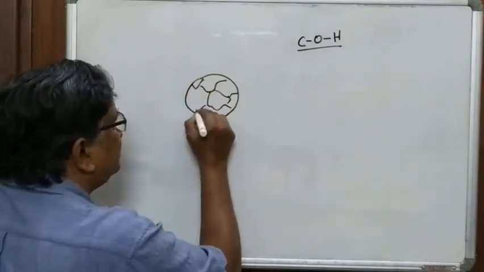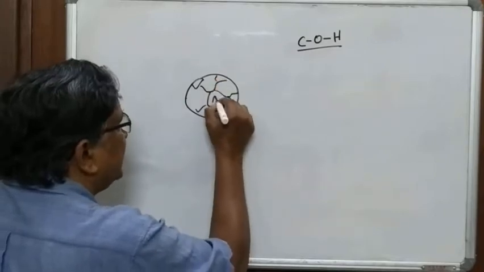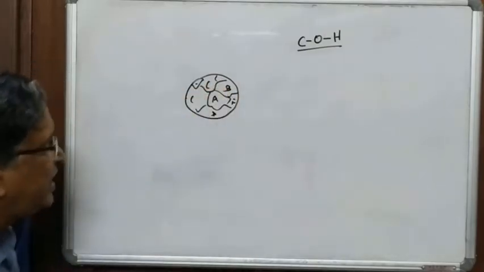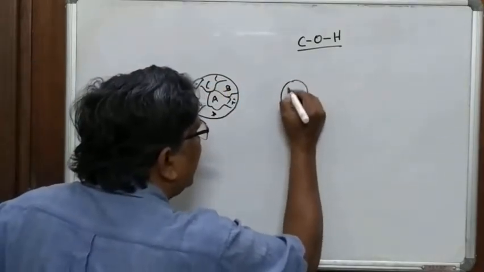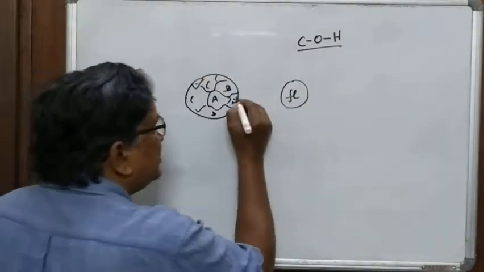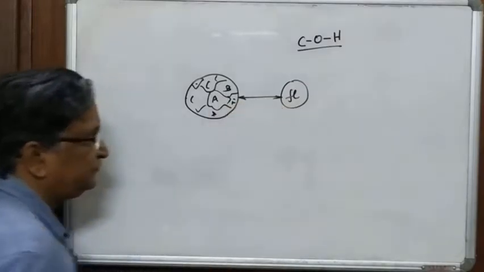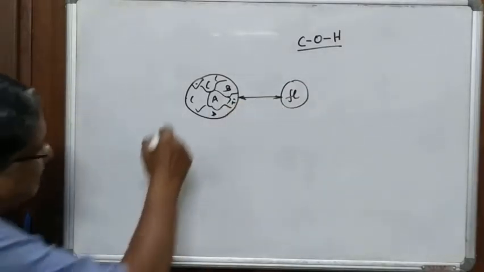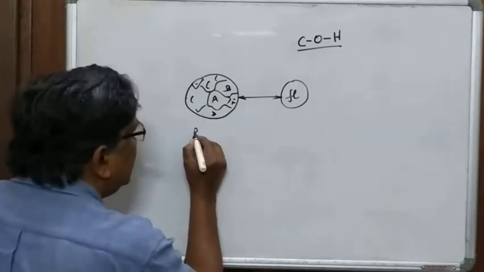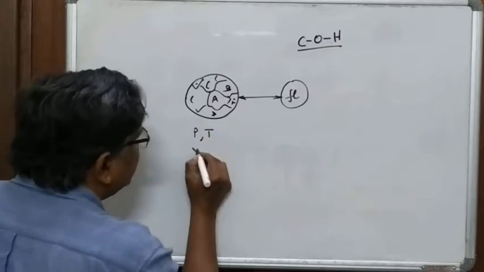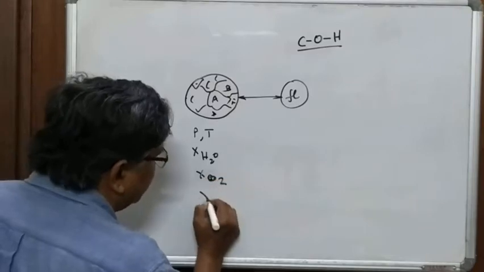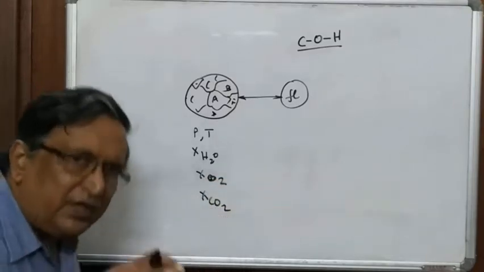So sometimes what we do is, we assume that there is a rock and you have certain minerals in it, A, B, C, etc., and you have a reservoir of fluid, and these minerals are in equilibrium with the fluid. So from these mineral assemblages, the metamorphic intensive variables that we can find, for example, commonly pressure, temperature, sometimes XH2O, sometimes XO2, sometimes XCO2, depending upon the mineral assemblages.